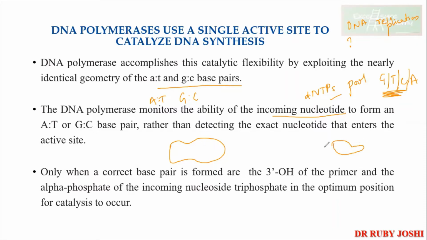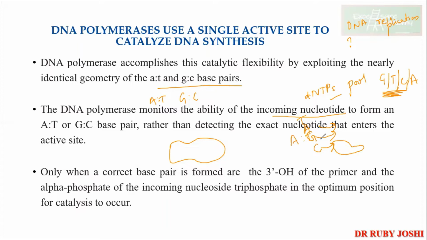Whenever it is the exact match, like T opposite A, only when T comes is the bond formed. But if suppose G is coming, it won't be able to sit in the active site pocket, so it will go back. Then A will come. A is again not able to sit against the A. It will also go. Similarly with C. Only T is able to sit against A. Then only the DNA polymerase is going to make the bond.